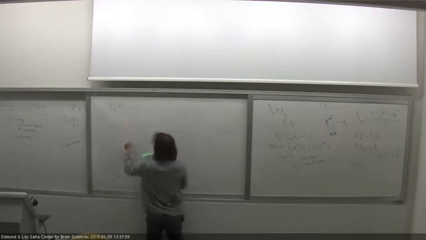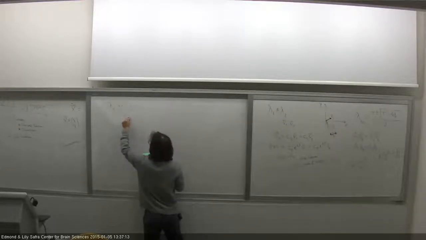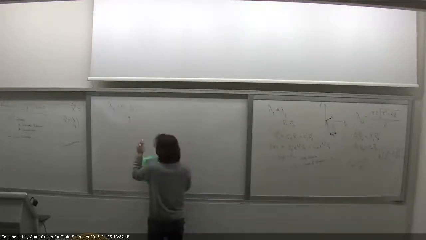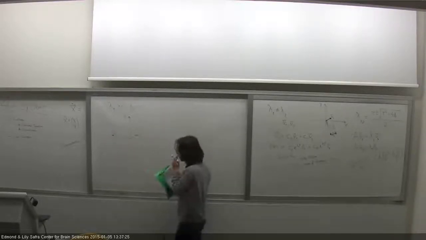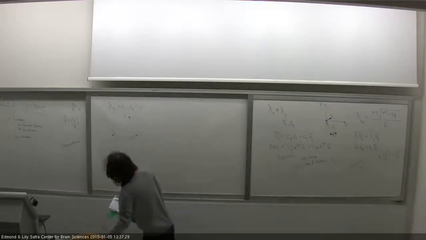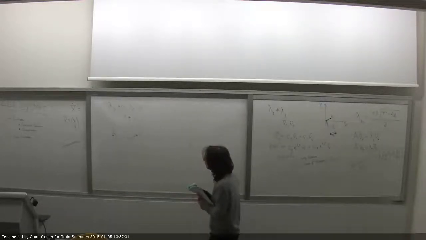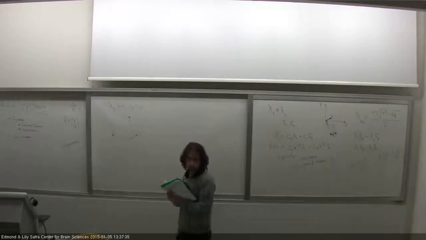So we have our system, and it should have two eigenvectors, v1 and v2. On lambda 1 we have growth, right?